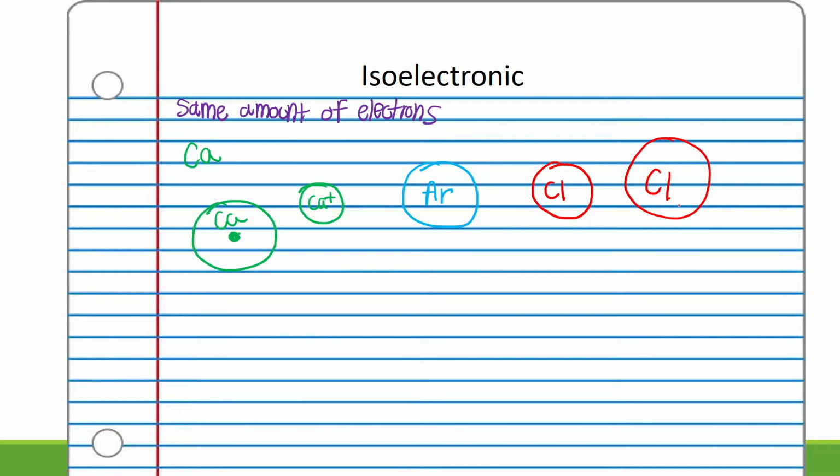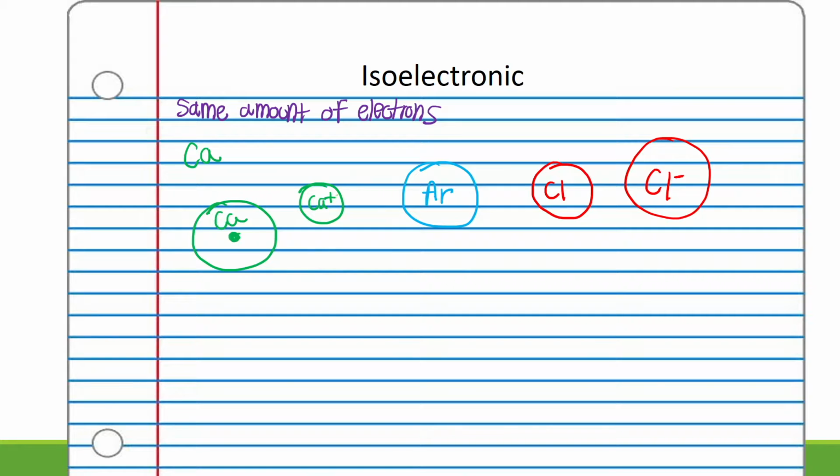And opposite of the way that calcium performs, chlorine is going to be much larger because you're adding electrons. So when we're looking at isoelectronic elements, the noble gas is going to be relatively the same size. The negative ion is going to get much larger, and the positive ion is going to be much smaller.